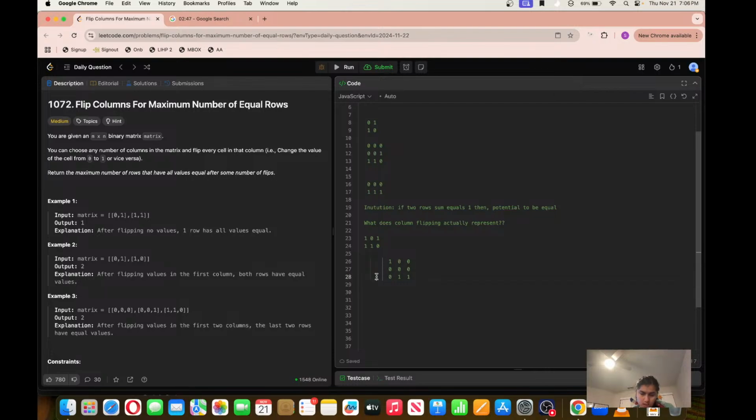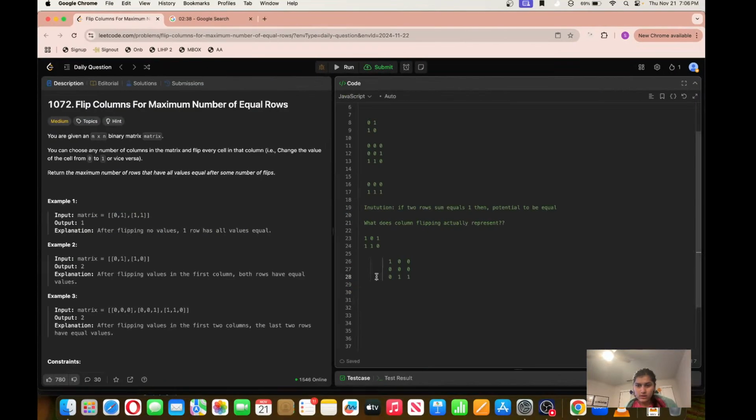Because the problem is, how will I know which two rows are equal here?